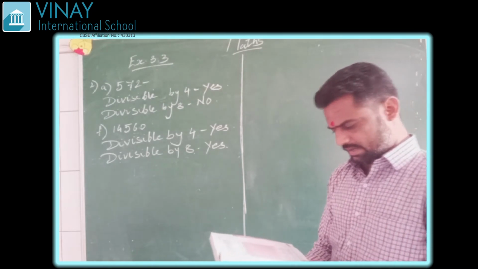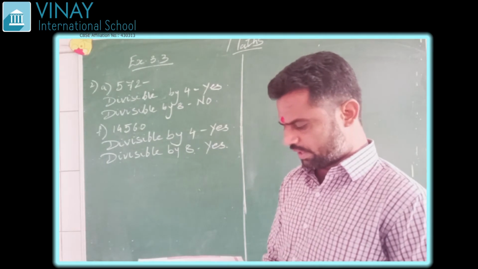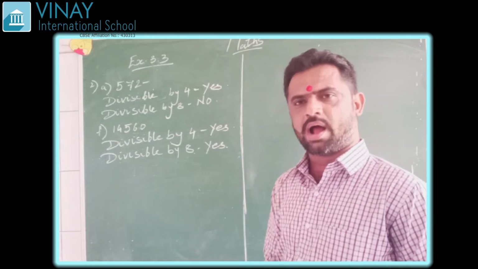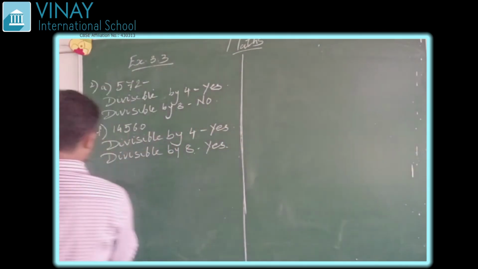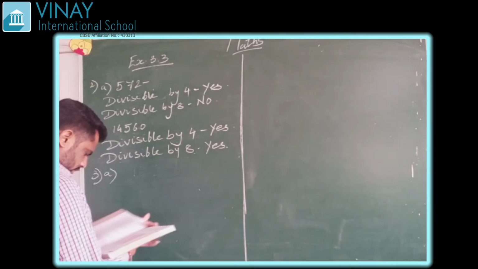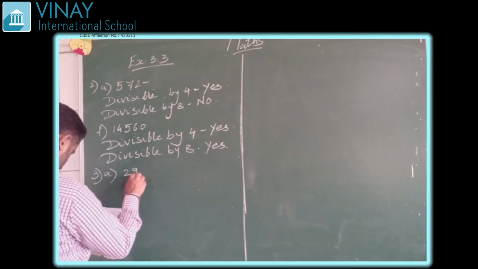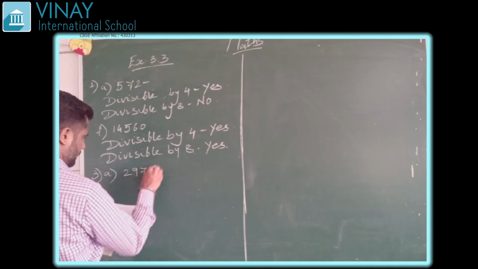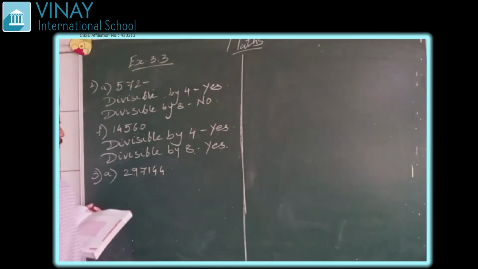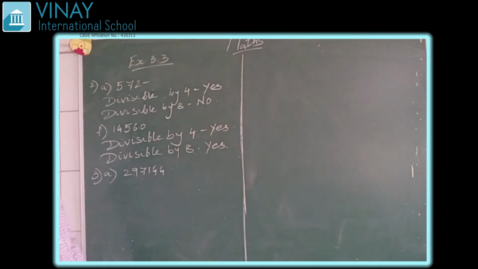Question number 3 says, using divisibility test, determine which of the following numbers are divisible by 6. Question number 1 is 29714. We need to see whether this number is divisible by 6.